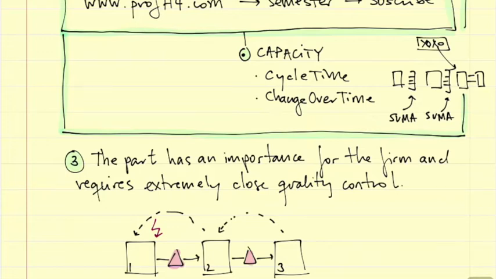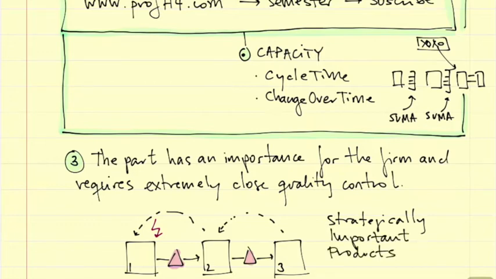As a result, for strategically important products, it might be important to decide to make rather than to buy when I cannot afford to have a quality problem because of the supply chain structure. Okay.